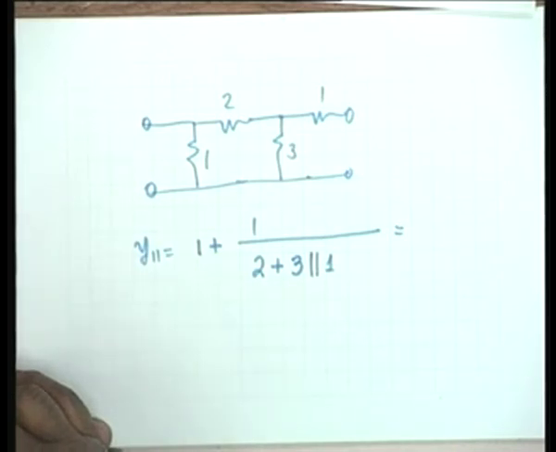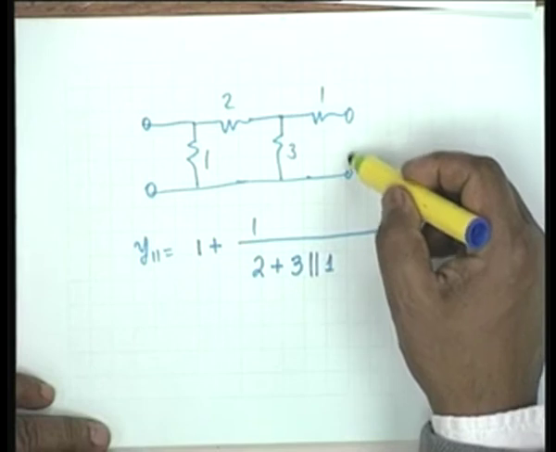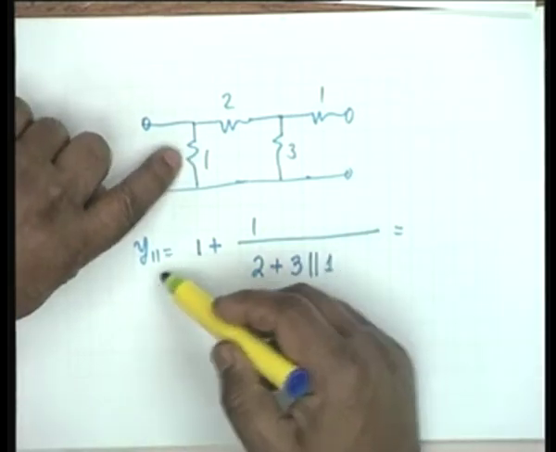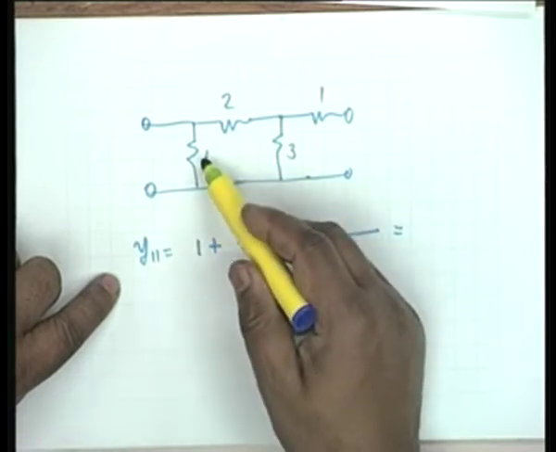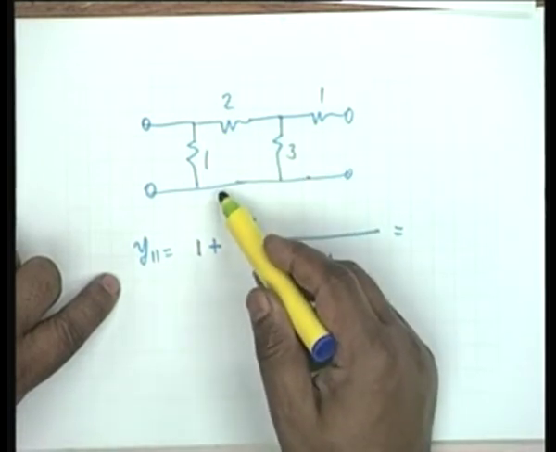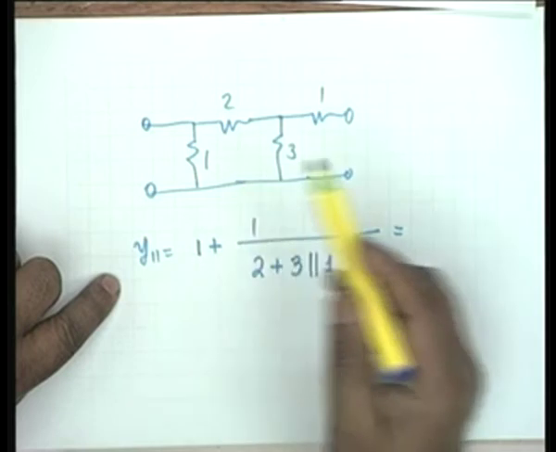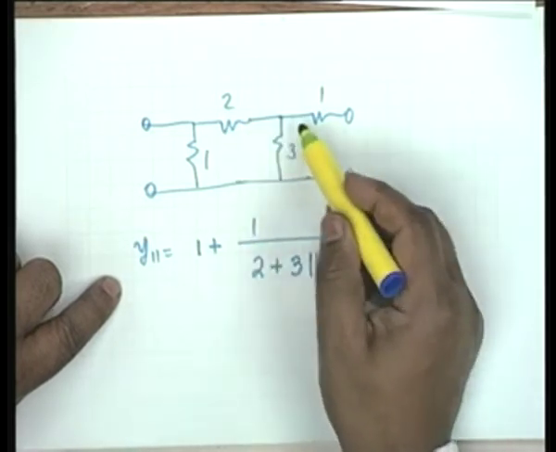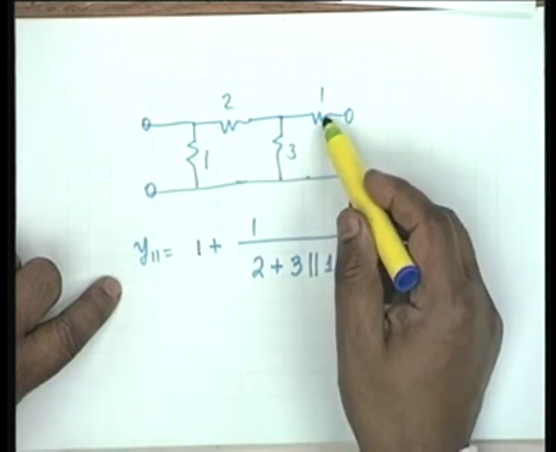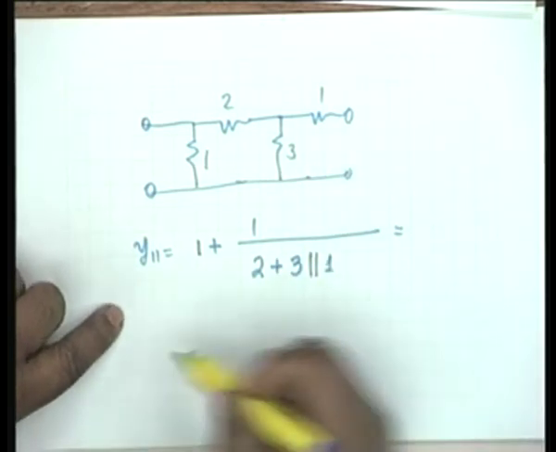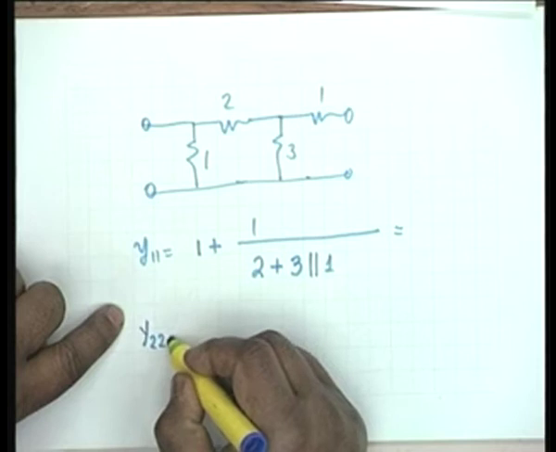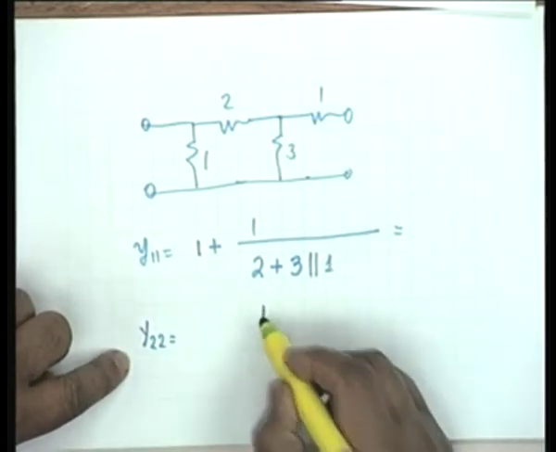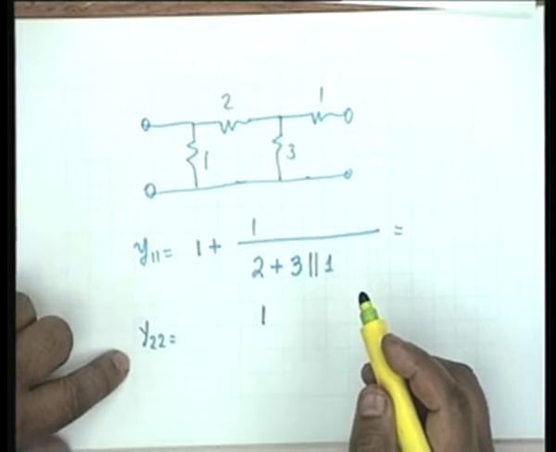Have I made a mistake? No. I have to short circuit this, and so I am calculating admittance 1 plus whatever comes in parallel. So it is the reciprocal of impedance. Impedance is 2 plus the parallel combination of 3 and 1, and now you calculate. Similarly, Y22 would be equal to, you see, it starts with a resistance. So won't it be 1 by 2 or something? Pardon me?